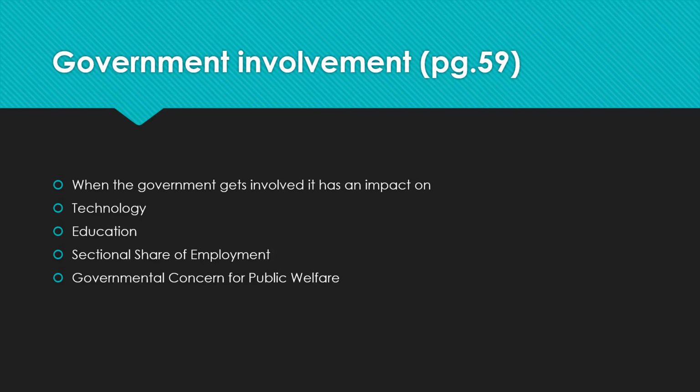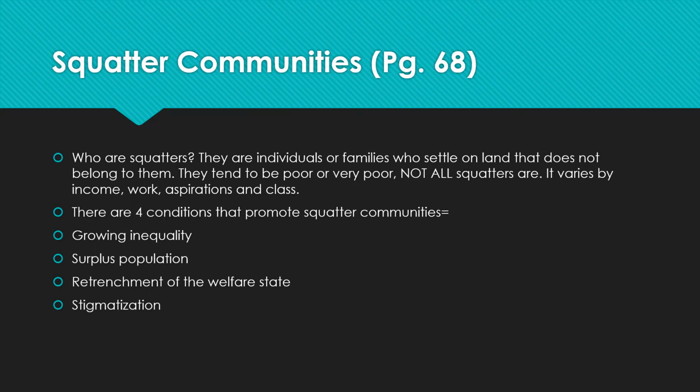So we're going to fast forward again, not going to spend our time on every piece, but I really wanted to look at something that I thought was interesting, and that's page 68 on squatter communities. Now, who are squatters? You may have never heard of this term before. They are individuals or families who settle on land that does not belong to them.